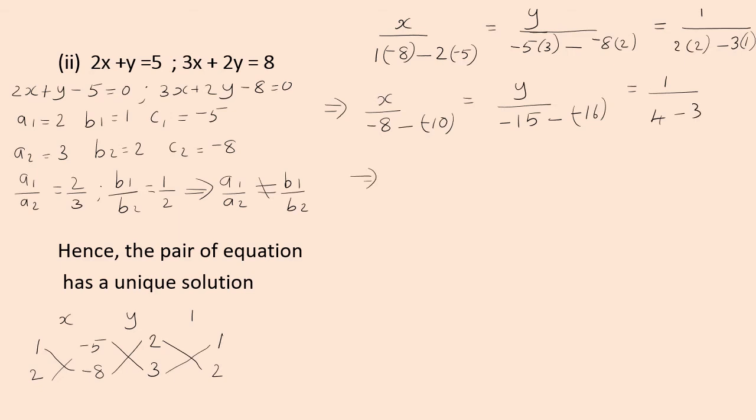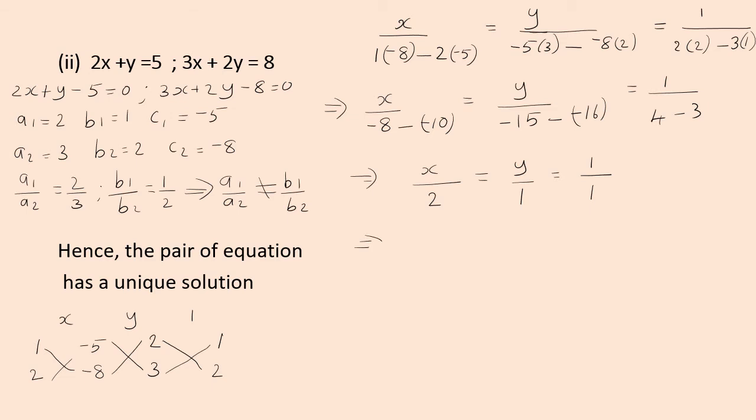Again you can write it as x upon minus 8 minus of minus 10, that is plus 10, minus 8 plus 10, that is 2, equal to y upon minus 15 minus of minus 16, that is plus 16, that is 1, equal to 1 upon 4 minus 3, that is 1.